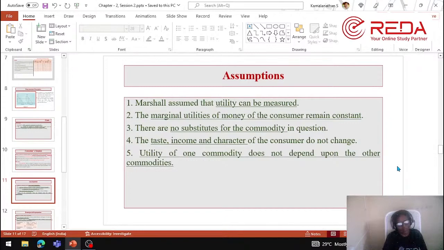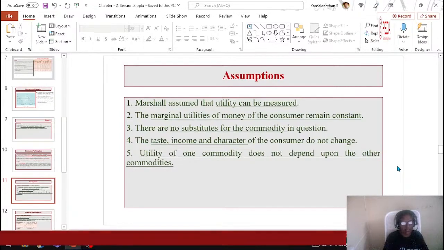This was said by Marshall, but in reality, as we have seen in the law of equimarginal utility and the law of diminishing marginal utility, measuring utility is not possible at all. Still Marshall says utility can be measured, so we study this law under the cardinal utility analysis.